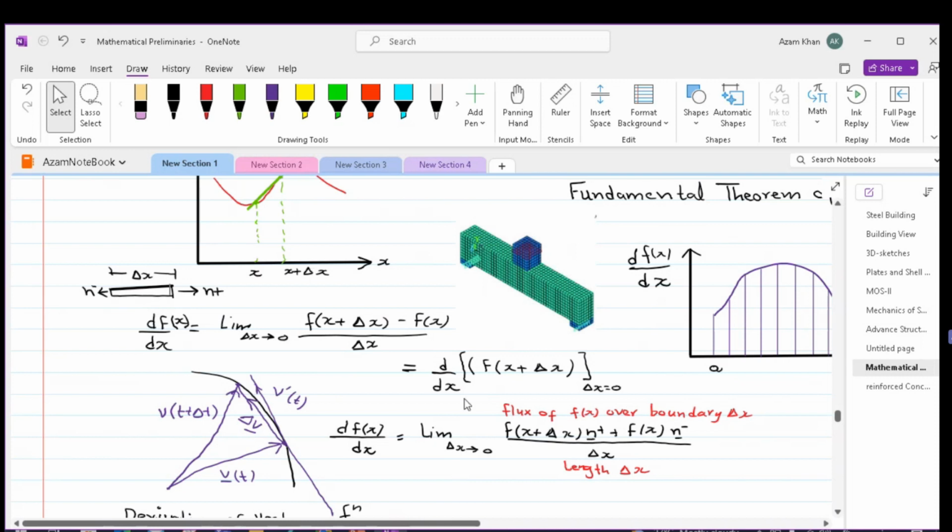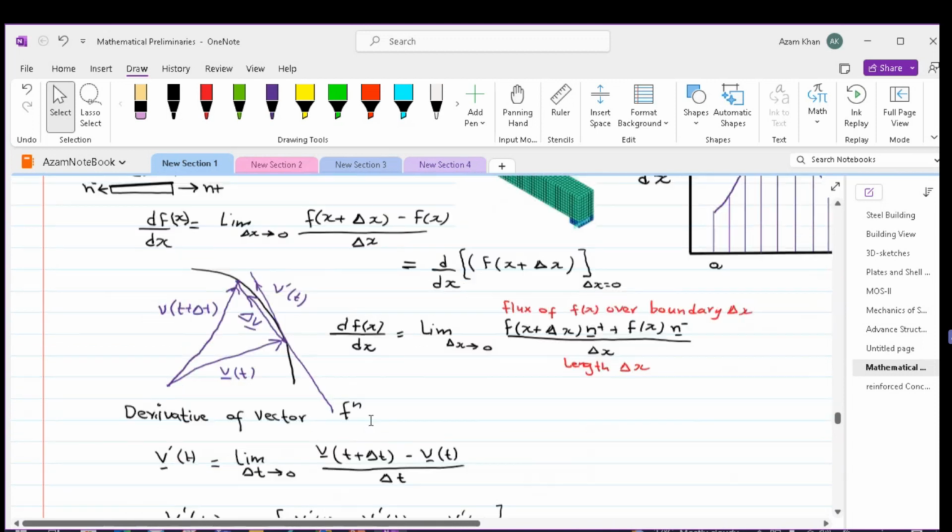Then we add the value of the function at location x. This is the same location where we started, and we multiply that with the normal in the opposite direction. So this second term is actually the flux over the boundary and is facing opposite to the flux at the right hand boundary.